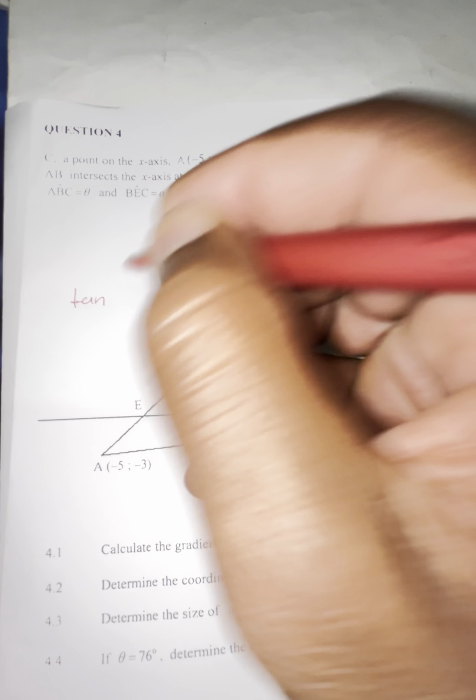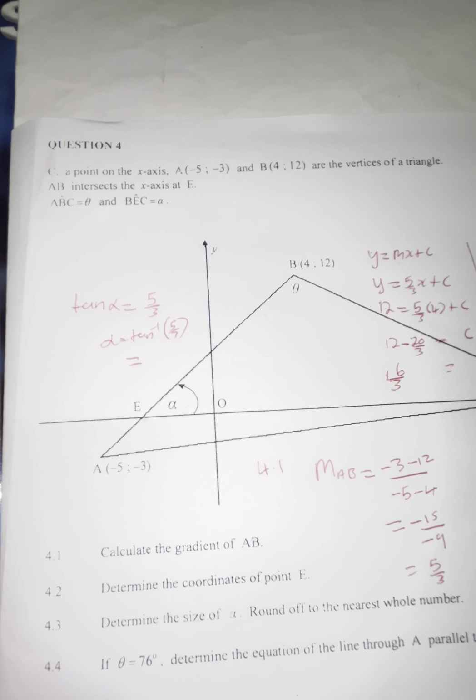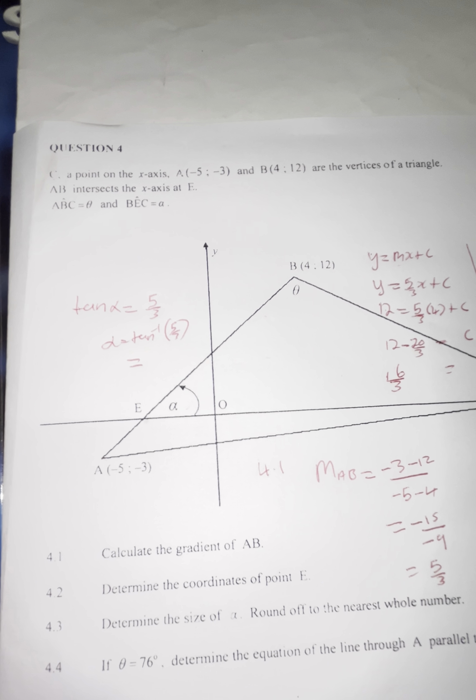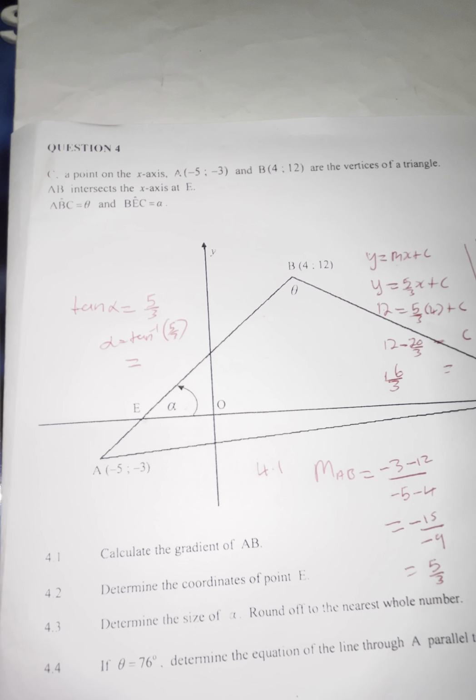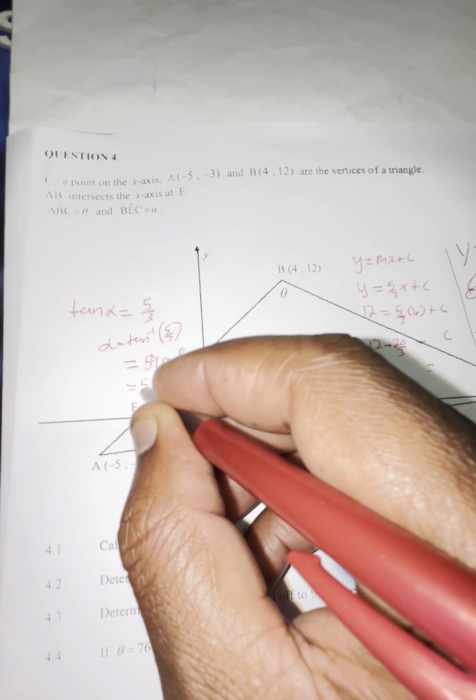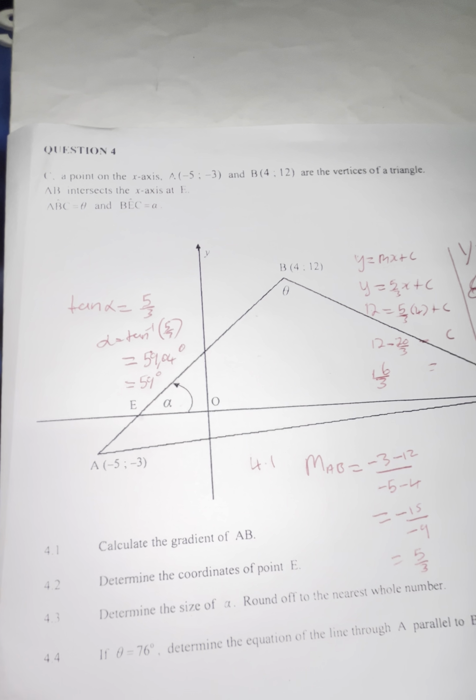So alpha is equal to arctan 5 divided by 3, so shift tan 5 divided by 3. This goes to 59.04 degrees. All right, they said round off to the nearest whole number, so this will be 59 degrees.